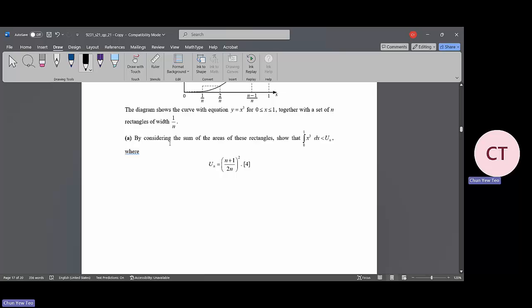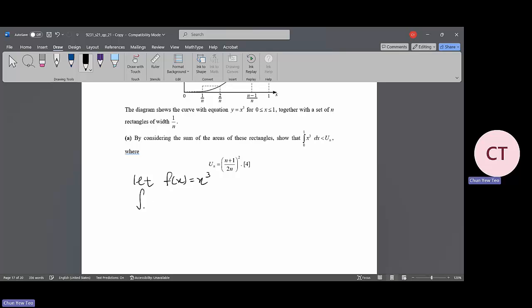Okay, so first of all, you need to understand that this one we need to integrate. This one we need to find the series, the series of the area. We just break the area into a lot of rectangles, then we find the sum of the areas of the rectangles. So first of all, we let this be f(x), the function x cubed.